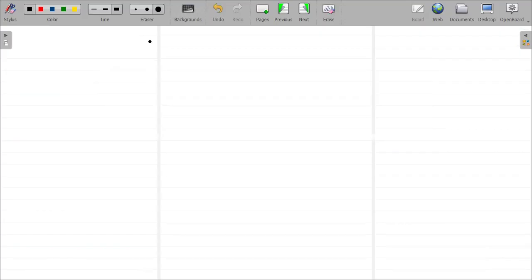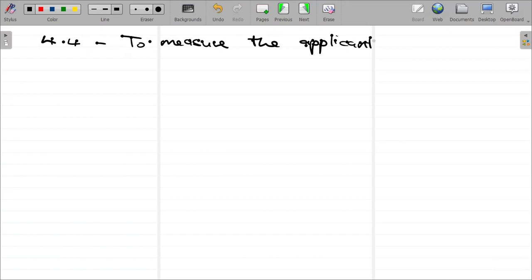Question 4.4, the reasons why they do testing. Number 1, to measure the applicant's skills and ability.